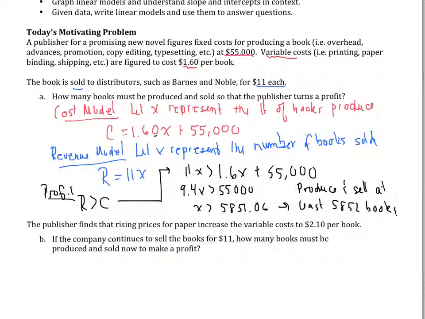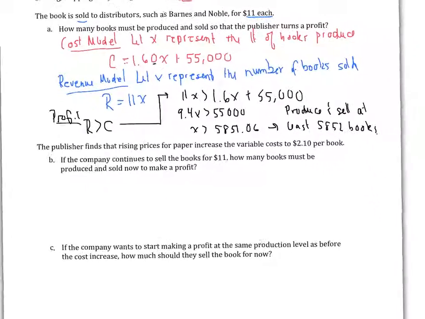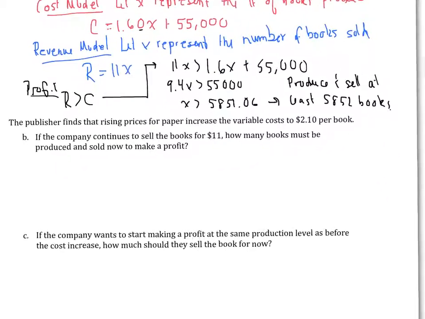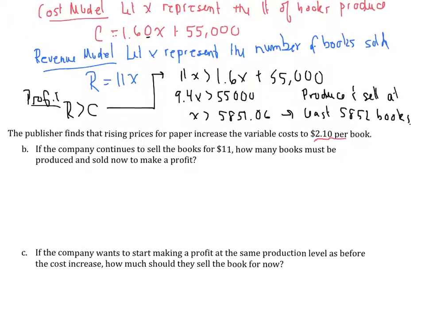Okay. Now, the second problem that we dealt with today, the second part, was here. What if now the company wants to continue selling the book, and now what happened was that the cost changed. Now it's $2.10 per book, not $1.60. And in fact, let me bring that down again, because I want to show the cost model.